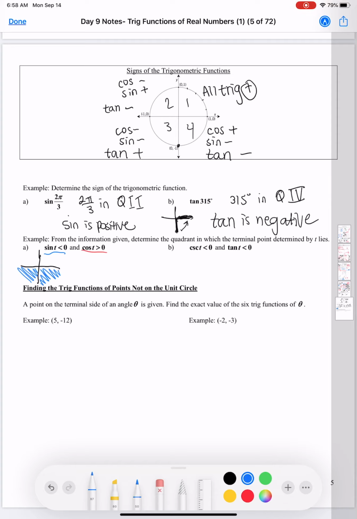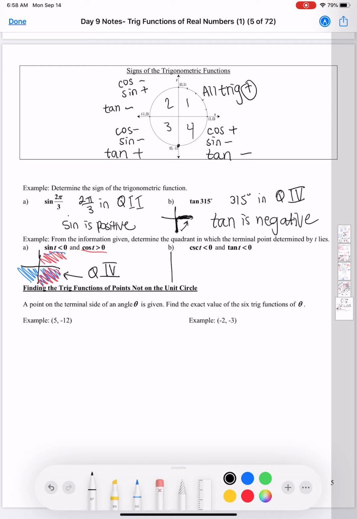Now, cosine also is positive. If cosine's positive, then it either has to lie in the 1st quadrant or in the 4th quadrant. Notice that I have overlap of my colors right here in the 4th quadrant. So this would be the quadrant where both of those conditions are satisfied. So quadrant 4 is my answer.